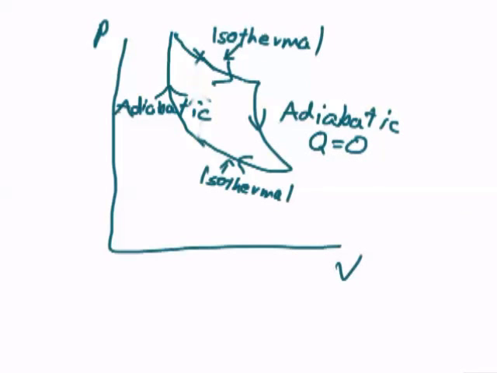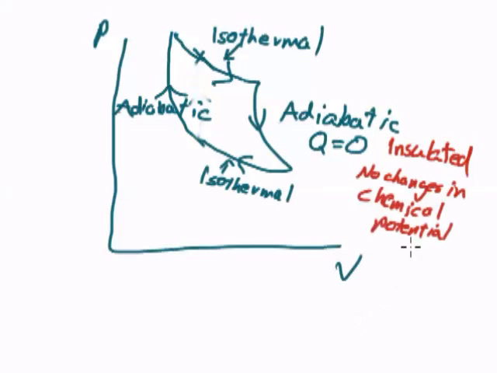It's insulated, and there are no changes in chemical potential, so there's no ignition or anything like that. Nothing is changing from one kind of gas to another. On the other hand, for isothermal, the governing limitation is that the change in temperature is 0. I've been discussing that in the first half of this video, so I'm going to try to draw a diagram.